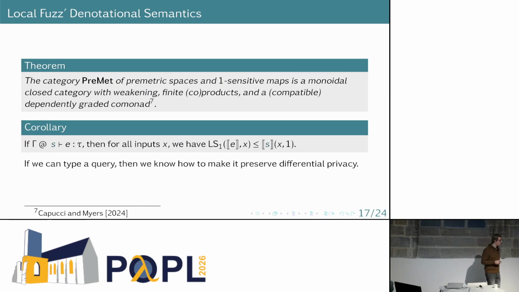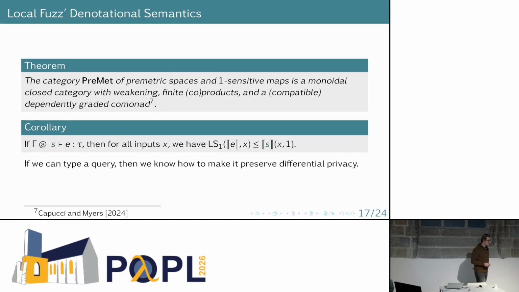This was introduced recently in 2024 in a quite different setting, and to the best of our knowledge, this is the first work considering it from the point of view of a type system. We think it can be useful in a variety of contexts, but here at least in the case of local sensitivity.